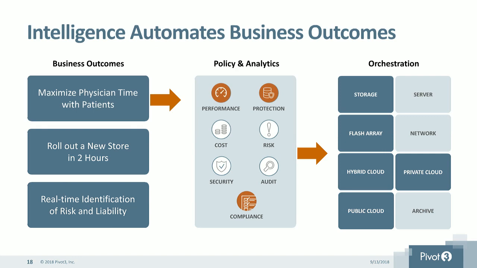We have a number of examples of how we've done that, whether it's the physician time one, or rolling out a new store and cutting that down to 2 hours, those types of things. That's really what we're driving towards, using our technology and capabilities in a hybrid cloud environment to achieve those business outcomes and simplify for the business.